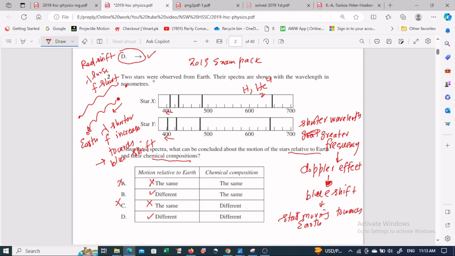Every element has its own spectrum. As the spectrum is different, we can say the chemical composition is different. So option D is the correct one, and the other option is incorrect. So finally the correct option is D.